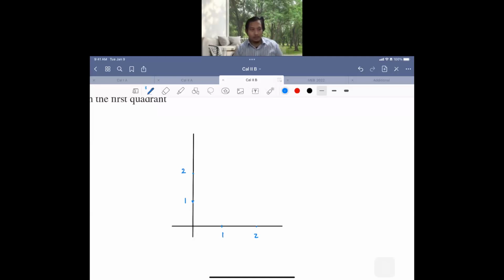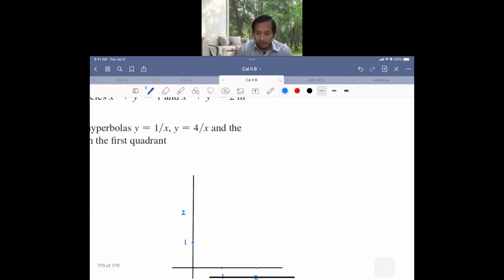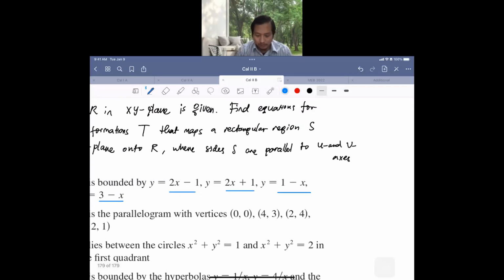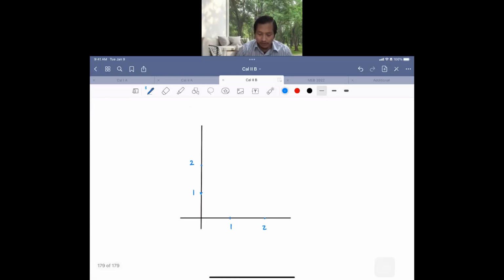Okay, I think it's better. Now, the first one that can be easily described is 1 minus x. 1 minus x is around here, so we connect these two, maybe in a different color. So this is 1 minus x.